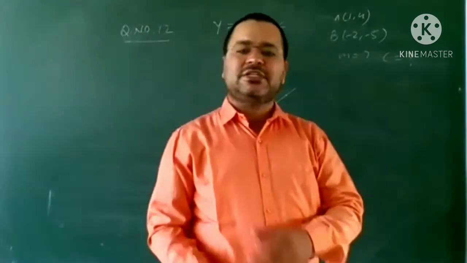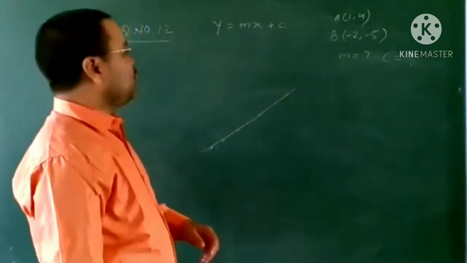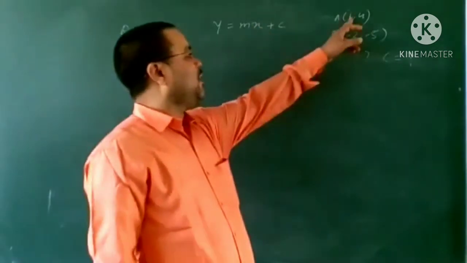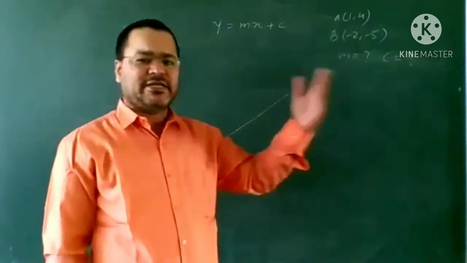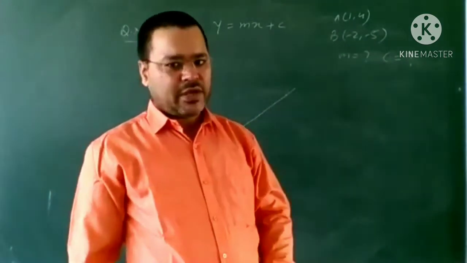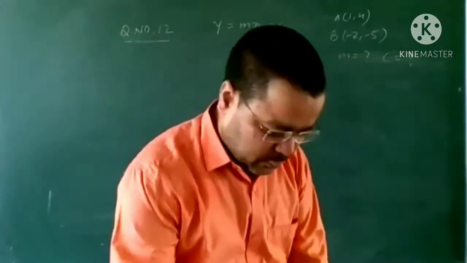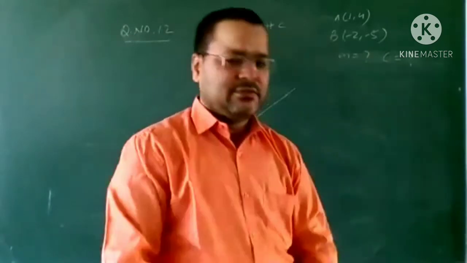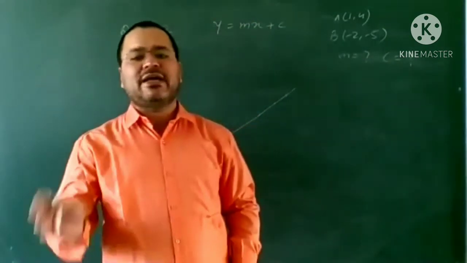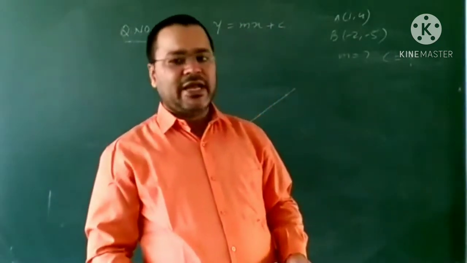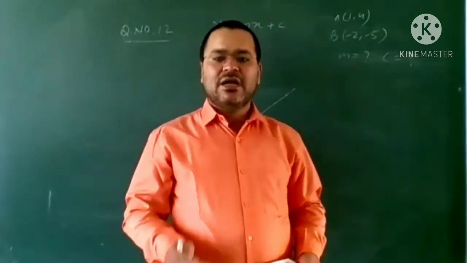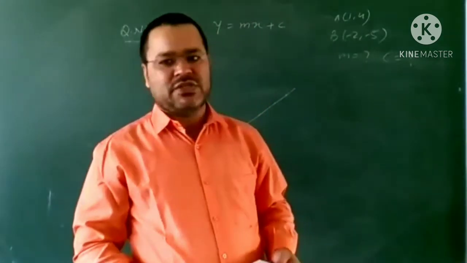And what is the meaning of satisfying this equation? It means if you put the value of x equal to 1 and the value of y equal to 4, then the left hand side will equal the right hand side. But here, it is already given that the given points lie on the line y is equal to mx plus c, so there is no need to prove it.